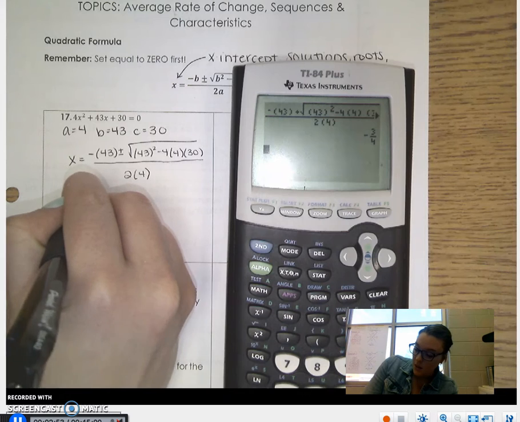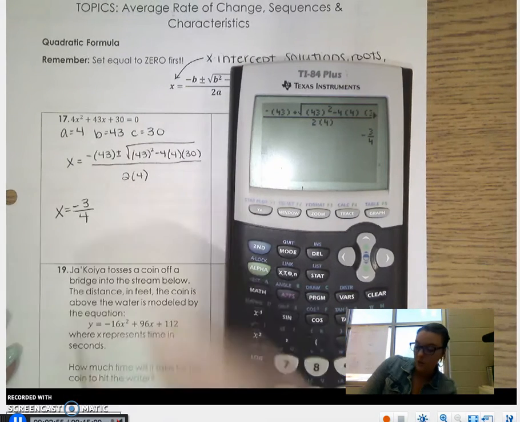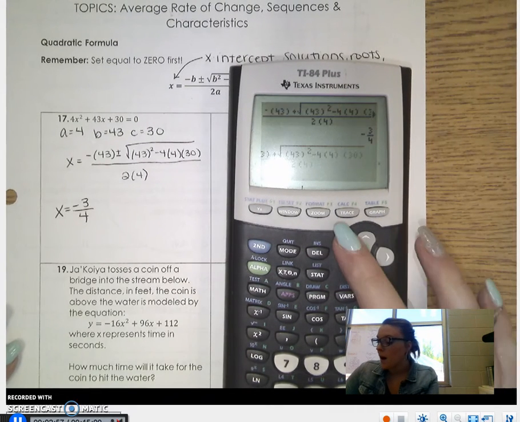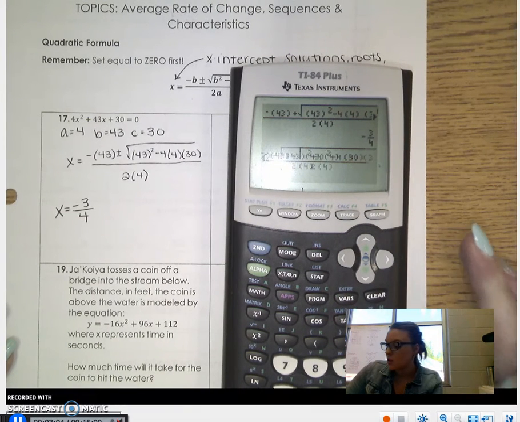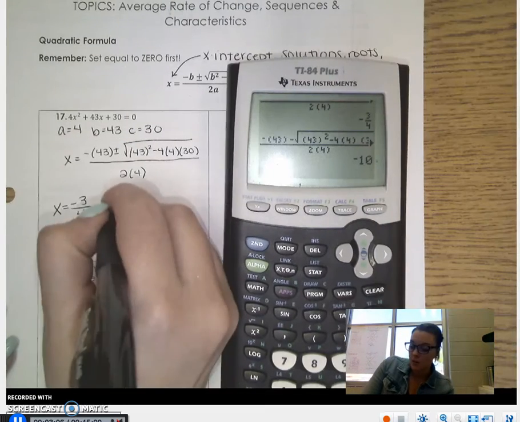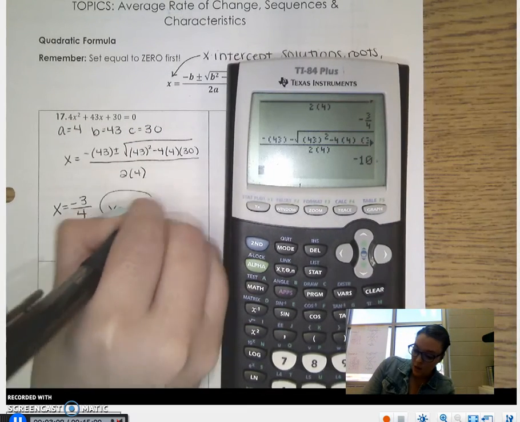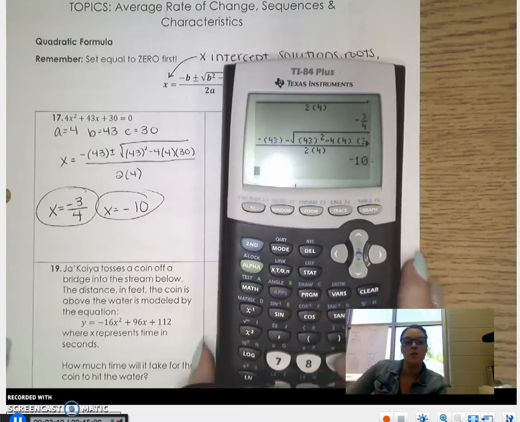So x equals negative 3/4. Go up, highlight it, go all the way back to where the plus is, change it to a minus, and we get x equals negative 10, and those are my 2 solutions for this quadratic.